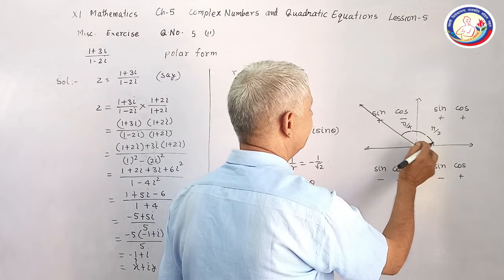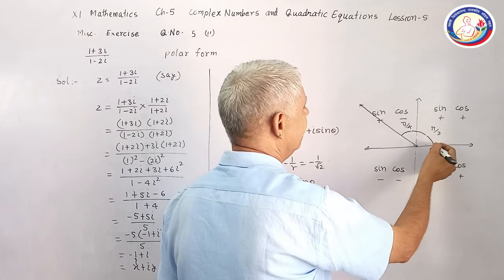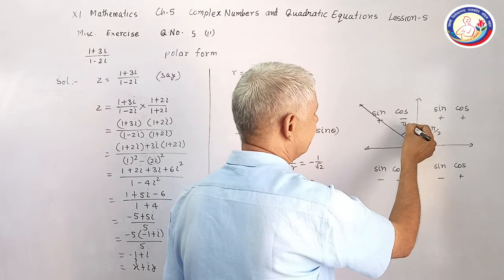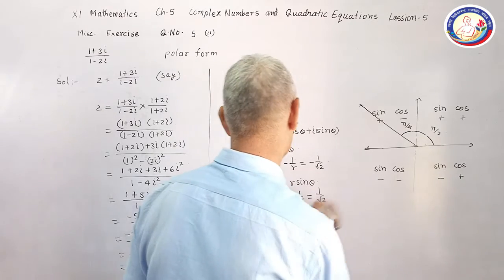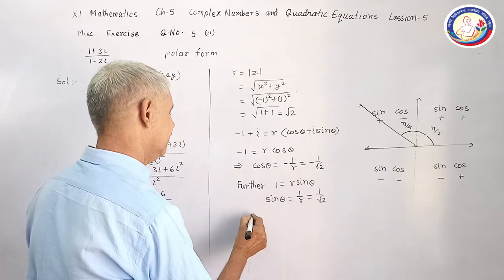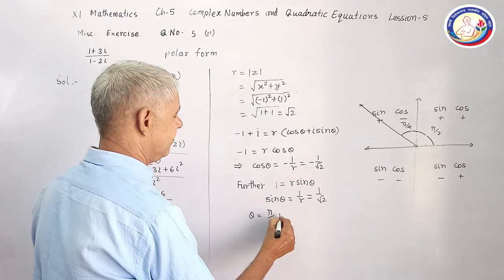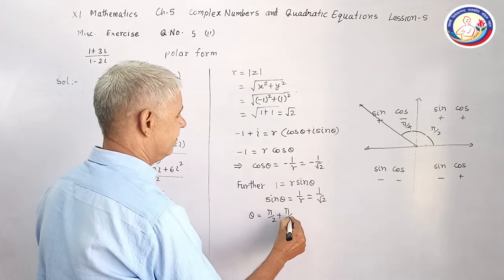The position of this hypotenuse will be in the second quadrant. It means it will be pi by 2 plus pi by 4. So what will be the angle? Theta will be pi by 2 plus pi by 4.